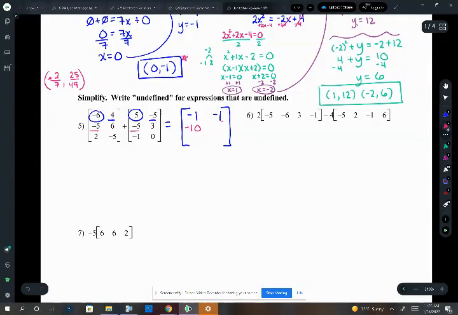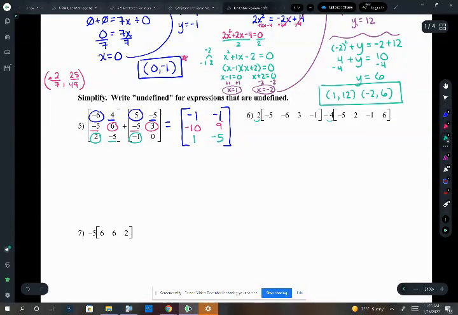Still same position. And then we've got 6 plus 3, which is 9. And then our last little bit, we've got 2 plus negative 1 is 1. Negative 5 plus 0 is negative 5. And that's my answer.